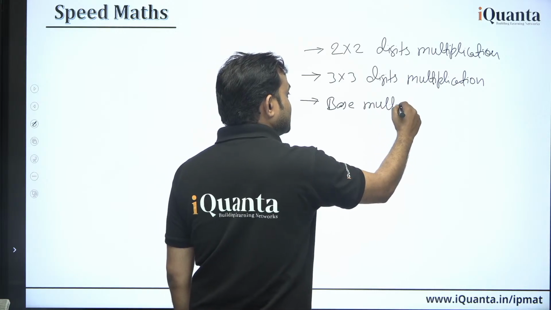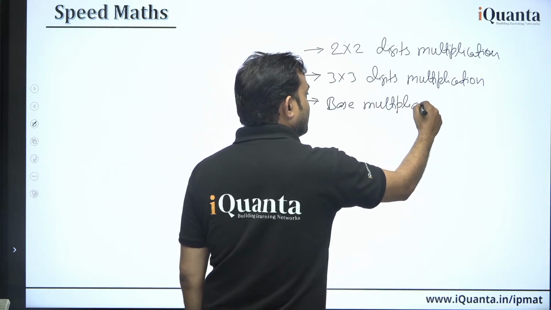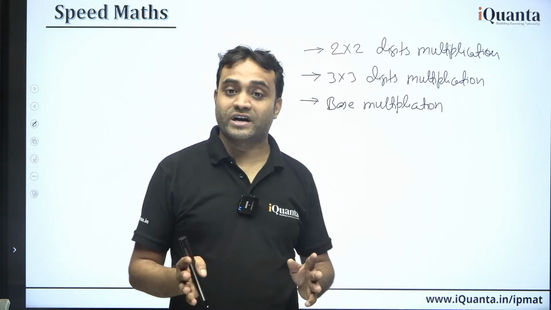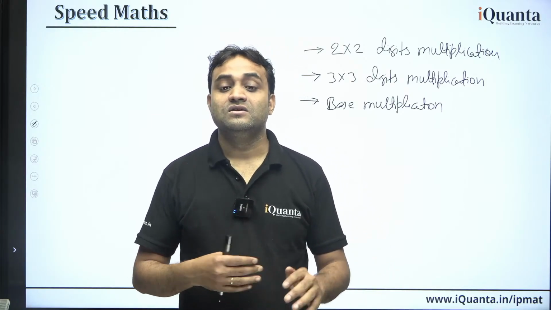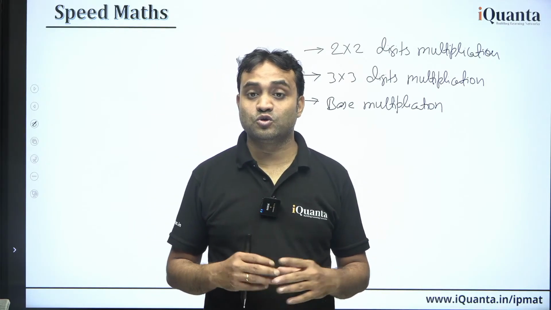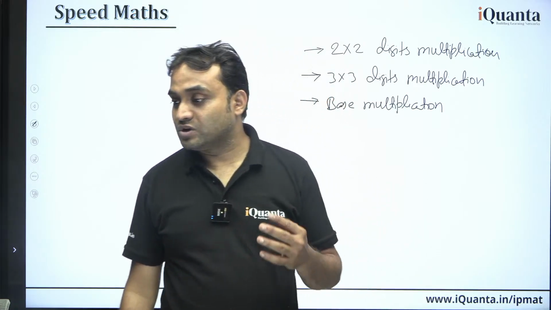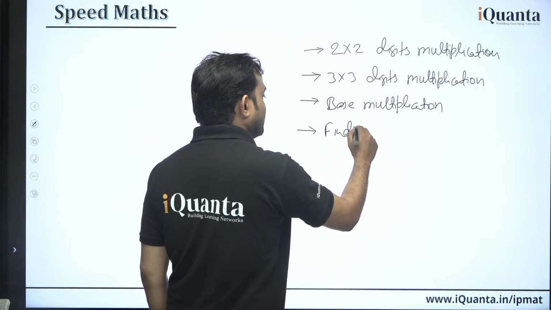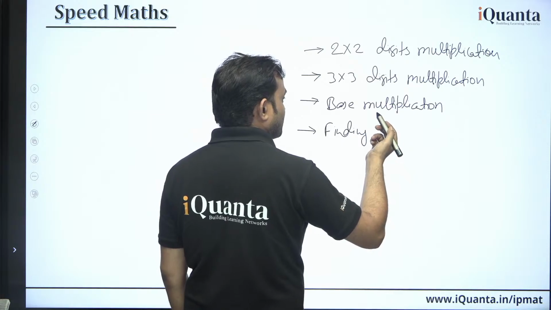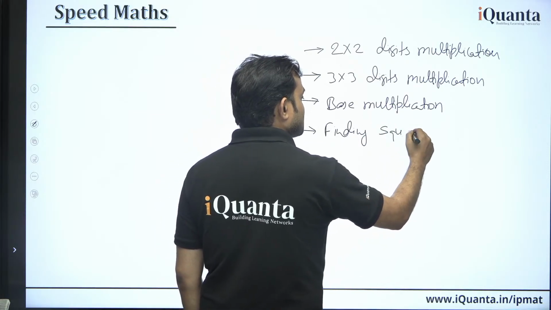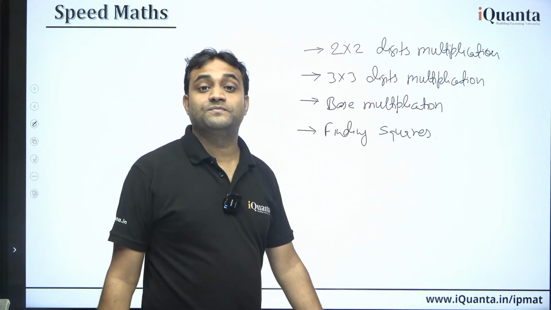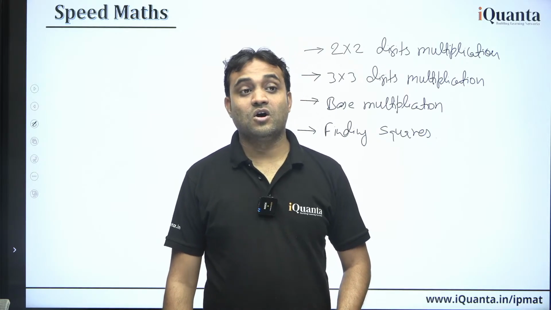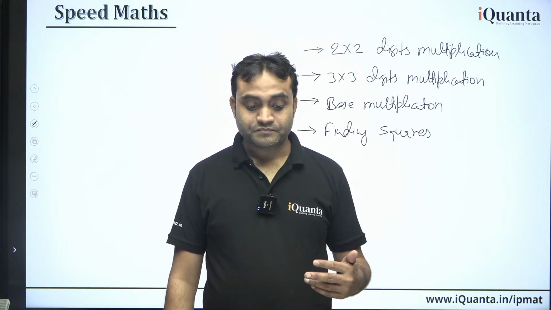Base multiplication means when numbers are close to a particular base, like when numbers are close to 100, 200, 300, or maybe 1000, maybe 10,000, then how do we do the calculation quickly? Okay, then how do we find the squares? Then we are going to do some calculations based on finding squares easily. Okay, and if time permits, we are going to learn more of this, like finding squares, or maybe what is digital sum and all those.